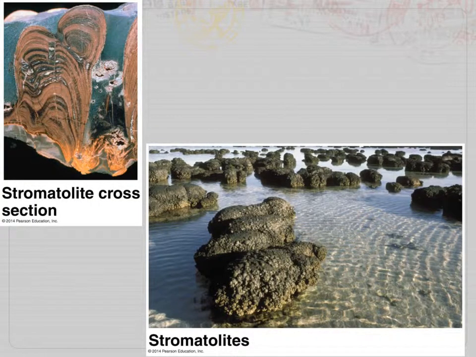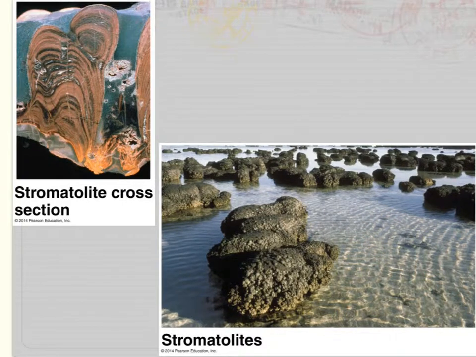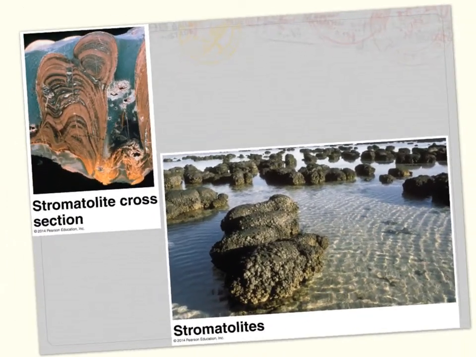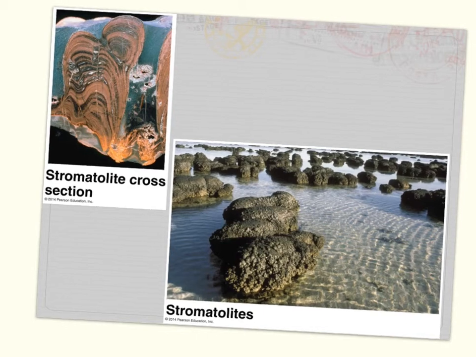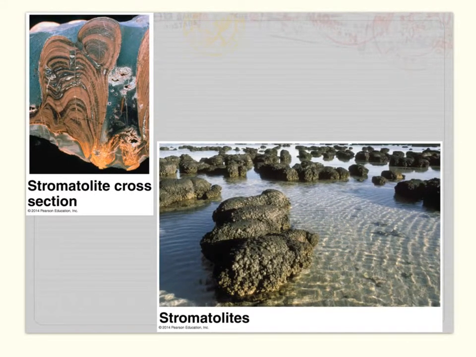Here's a picture, a cross section, and then also what those stromatolites look like. We can use our dating methods to determine that these were about 3.5 billion years old. We can look at organisms like this and look at our geological time record.